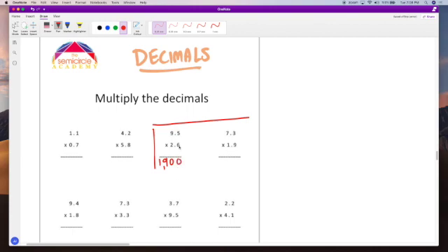Now I'll go 95 times 6. 6 fives are 30, and 6 nines are 54, so 57. 2470. And it's 2 decimal spaces, so the decimal goes here. Lovely.